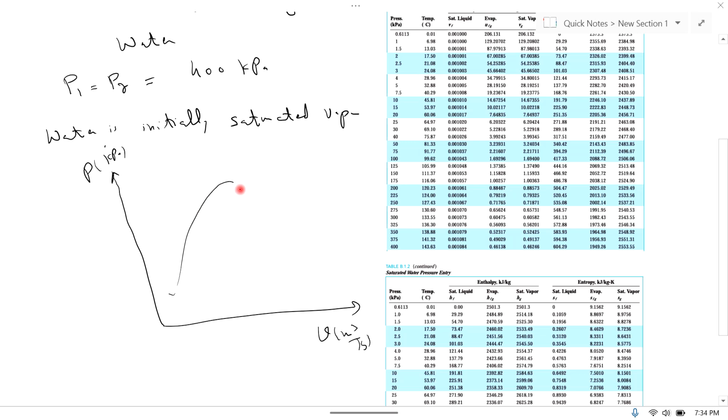The saturation curve will be a straight horizontal line. The initial state is on the saturated vapor line. It means that Vf is equal to Vg, and Hf is equal to Hg, and pressure is equal to 400 kilopascal.